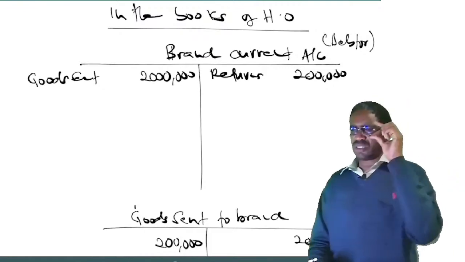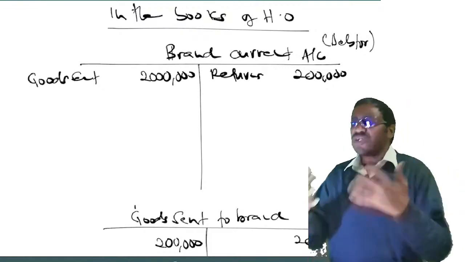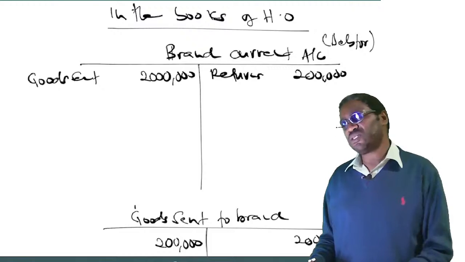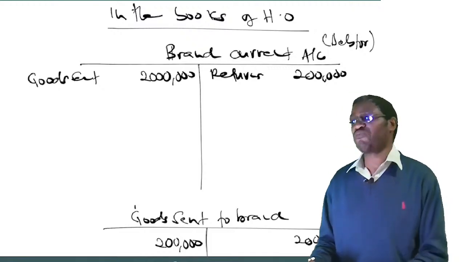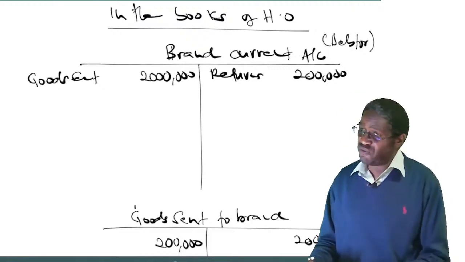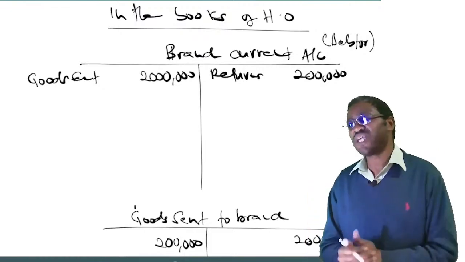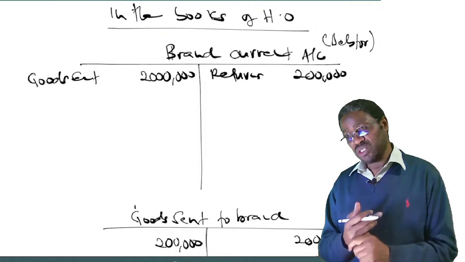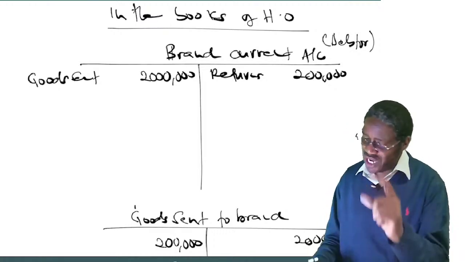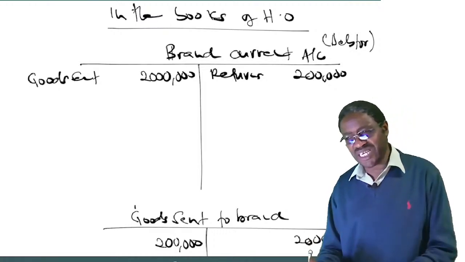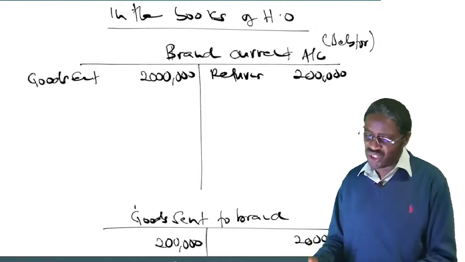In other words, you just reverse the entry you made. When a branch returns goods to the head office, you as a head office just reverse the entry you made when you were sending the goods to the branch. Remember, when you were sending the goods to the branch, you debited branch current account and you credited goods sent.